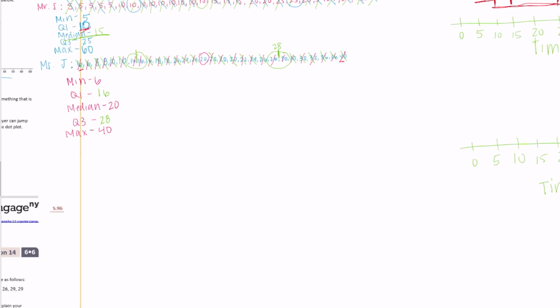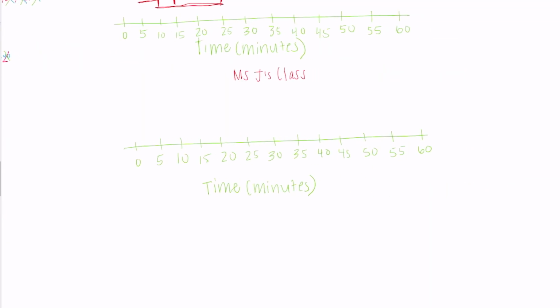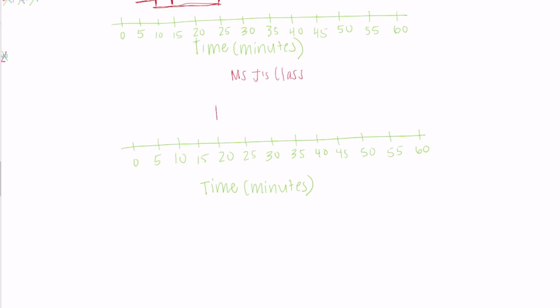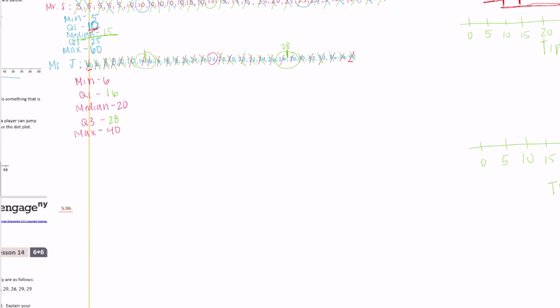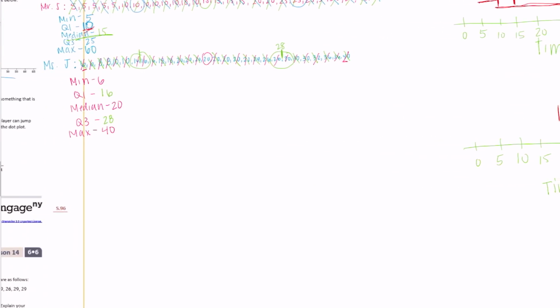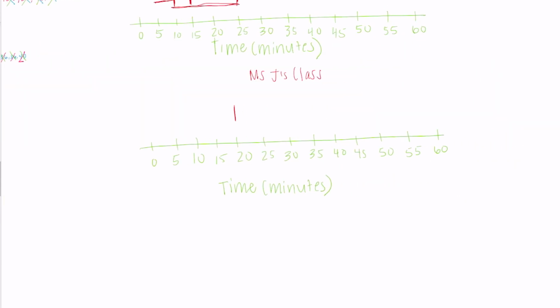Now let's do Miss J's class. So the minimum was 6, or actually let's start with median is 20. Quartile 1 is 16, and quartile 3 is 28. So we have 16, and 28 would be right here. So let's connect those.